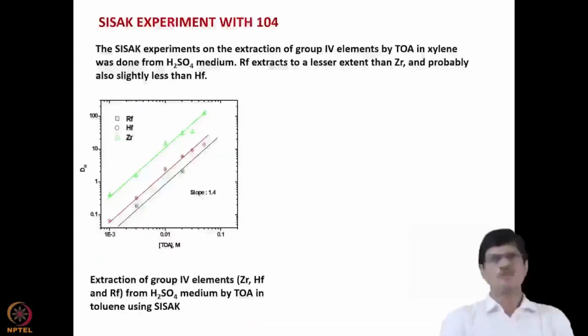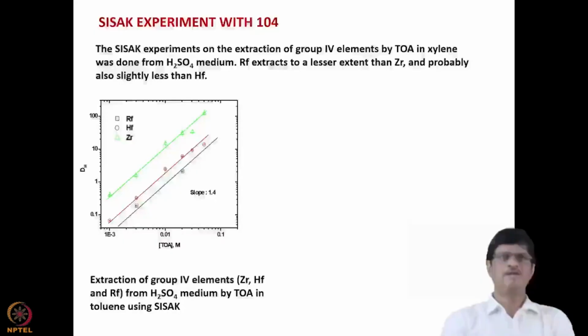Now coming to the CISAC experiments with element 104, that is rutherfordium. In this case, solvent extraction experiments were carried out with the group 4 elements using trioctylamine, a tertiary amine, in xylene, and the experiment was done from sulfuric acid medium. As shown here, for zirconium, hafnium and rutherfordium, all in the tetravalent or +4 oxidation state, the distribution ratio values increase as a function of the TOA, that is trioctylamine, concentration.